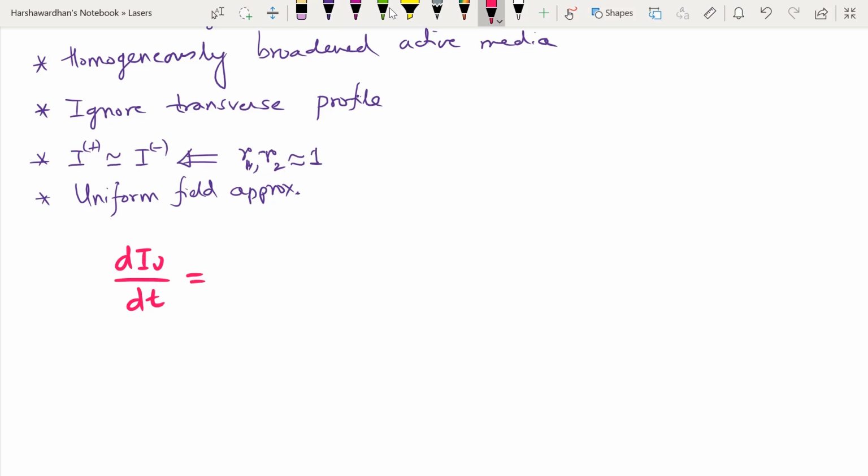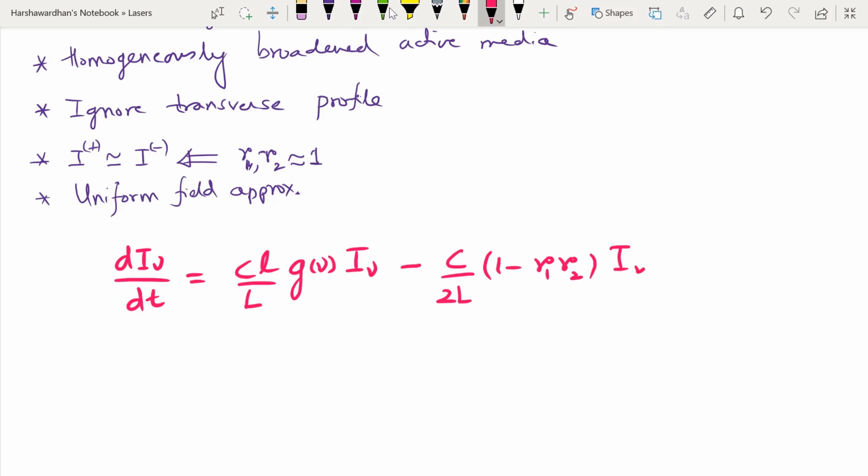This is simply c times small l by capital L, remember we differentiated between the length of the gain medium and the length of the cavity, times g_nu times I_nu, minus the output coupling, 1 minus R1 R2, times I_nu. So you recall this equation that we had obtained earlier.